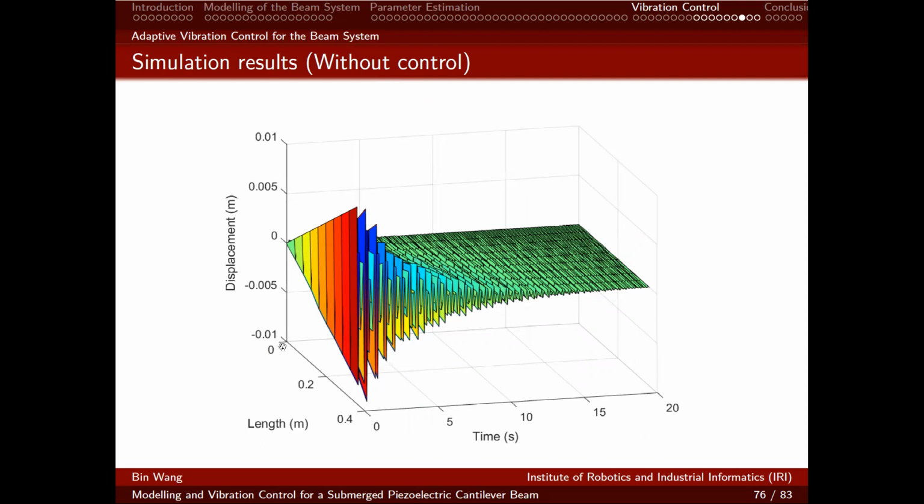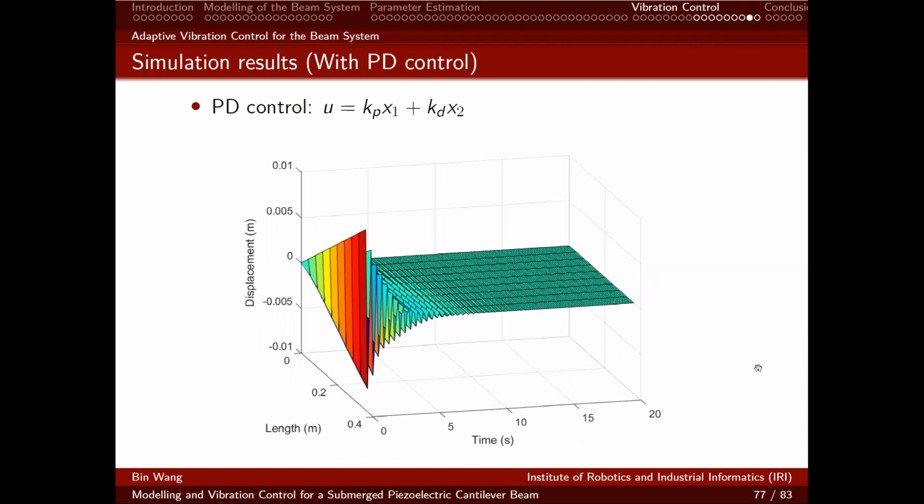Here is the length of the beam, and on this axis is the time that evolves. You can see that without control, the beam becomes stable in around 15 seconds.